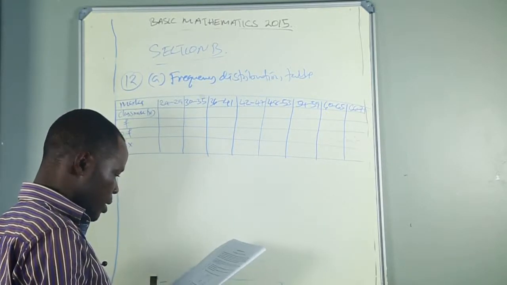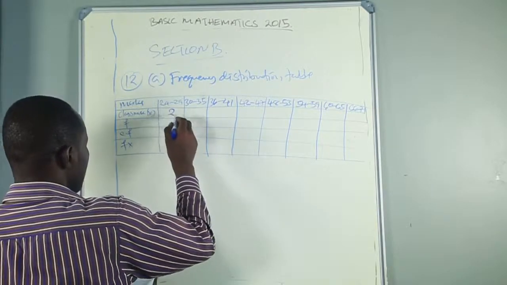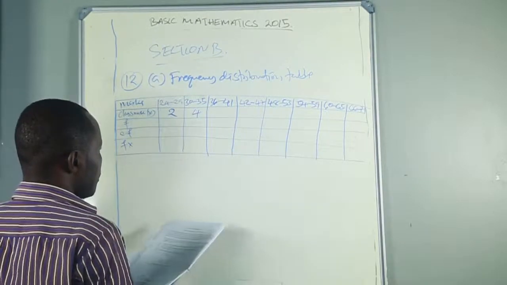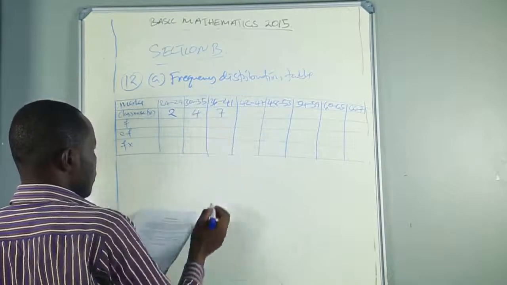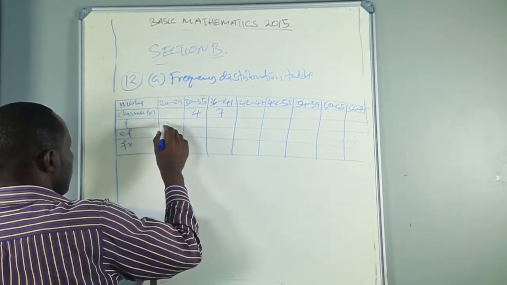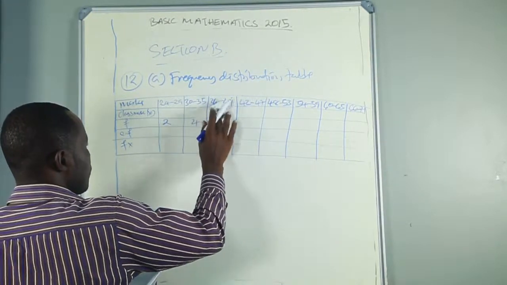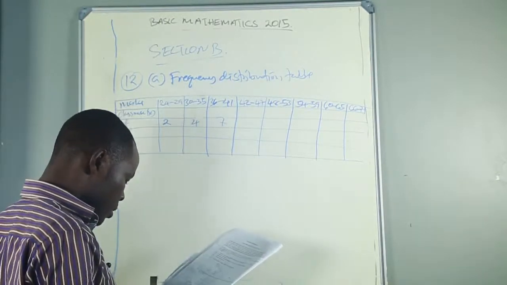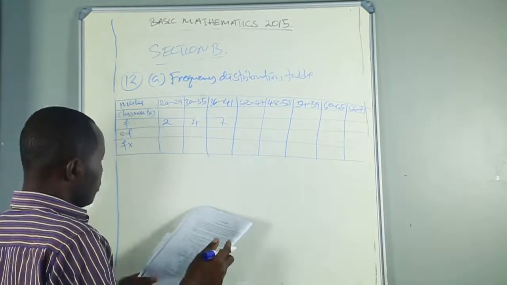from the given data, we have 2. And 30 to 35, we have 4. 36 to 41, it is 7. This is frequency, not class mark. Then 42 to 47 is 4.